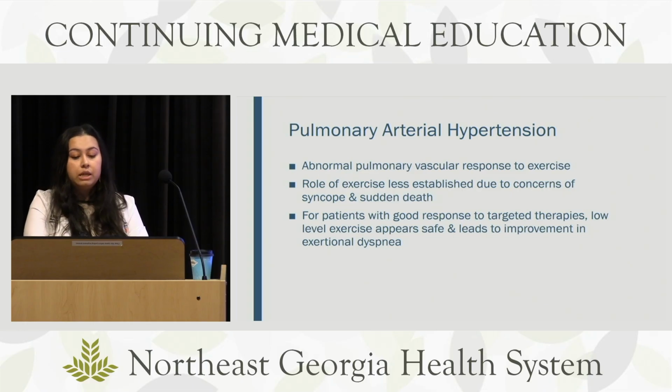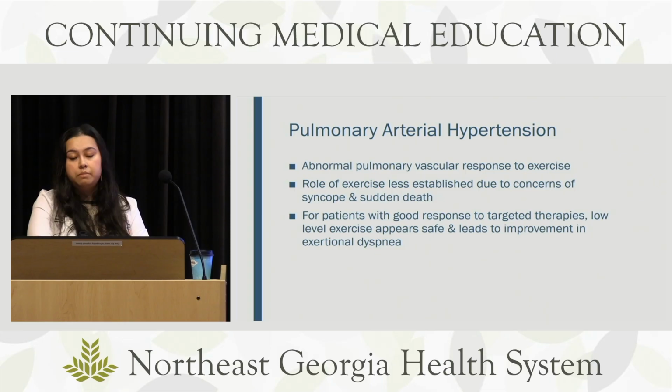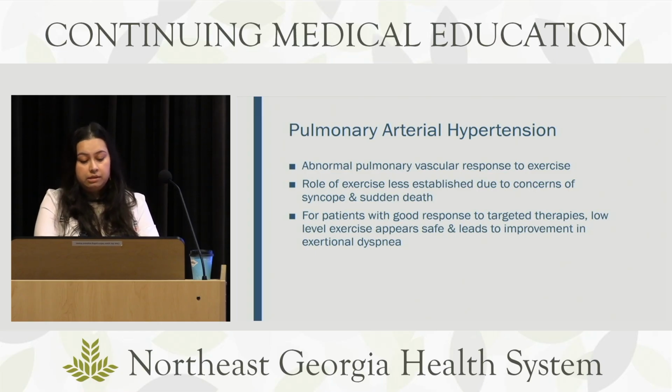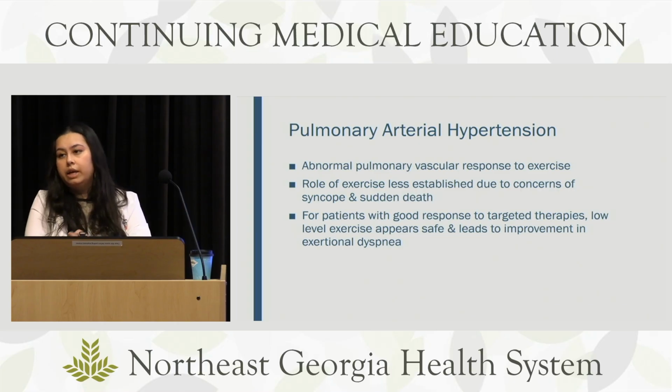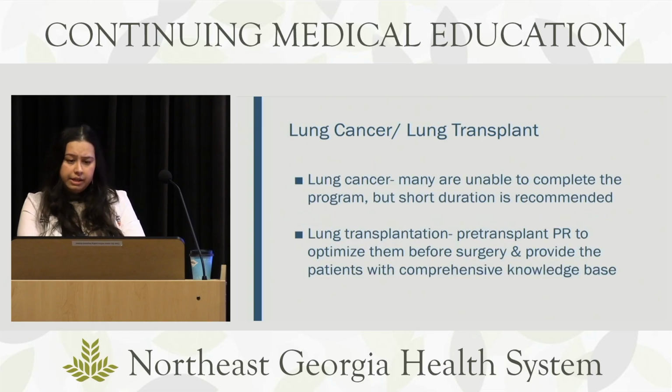So for patients who have pulmonary arterial hypertension, but they have shown good response to targeted medical treatments, you can give them low exercise and lead to exertional improvements in dyspnea. And you can always refer them to pulmonary rehab for the education aspect of things and all the other components other than just exercise.